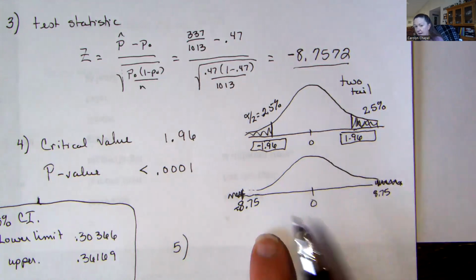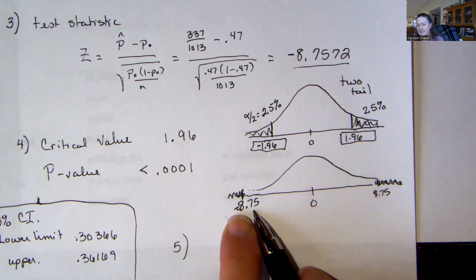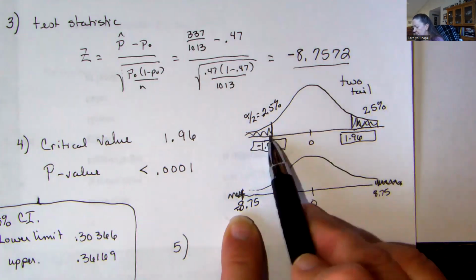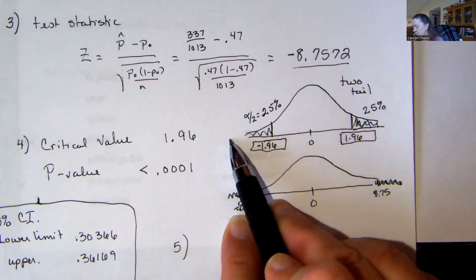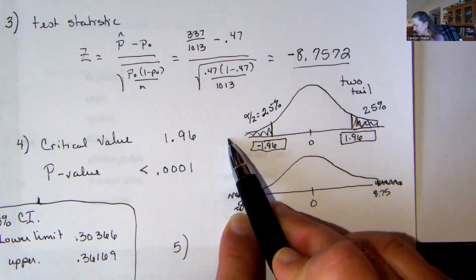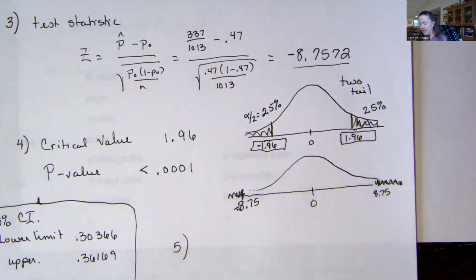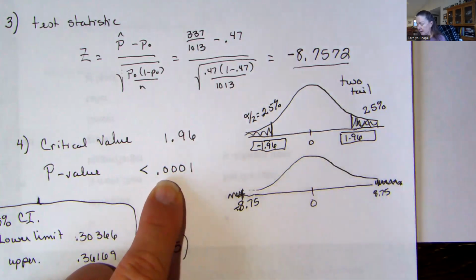And the way to tell that, again, the two ways we do it is we look to see, is that test statistic in those shaded regions? So here's my negative 1.96. Negative 8 is way down in here. So yes, it's in that critical region, in that rejection region. Or we look at our p-value. Here's our p-value. And is that smaller than our alpha?